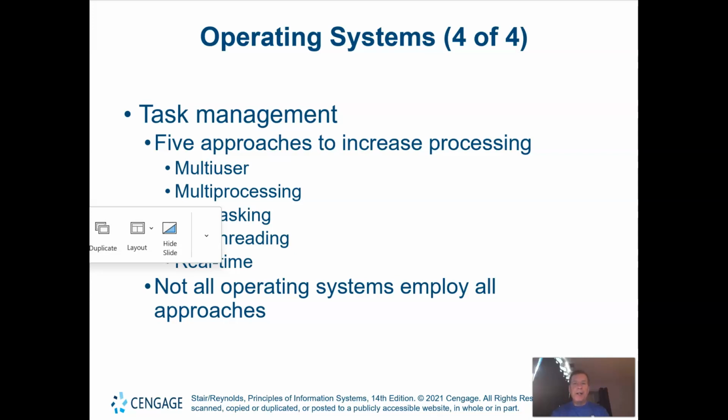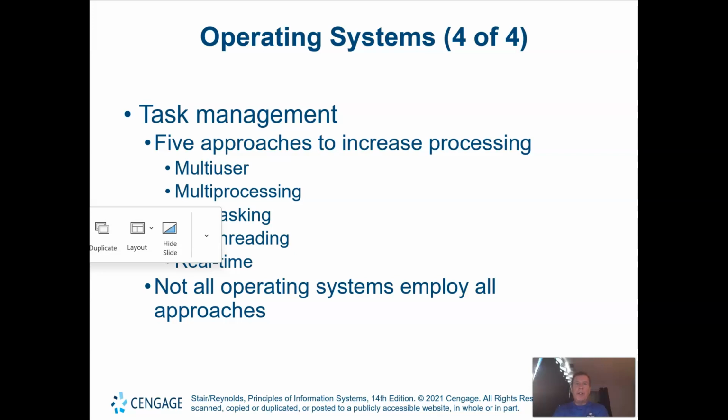As I mentioned, task management becomes one of them. And so there are 5 approaches that operating systems use to increase the amount of processing that can be done at a given time.